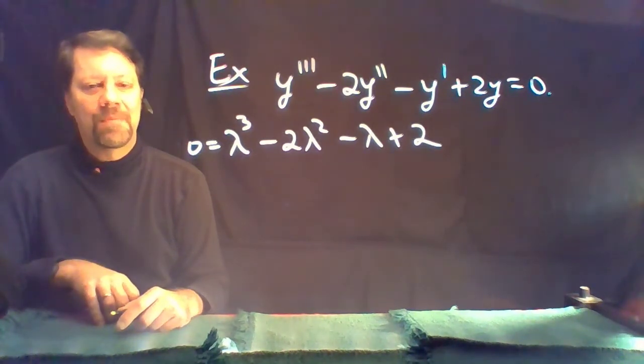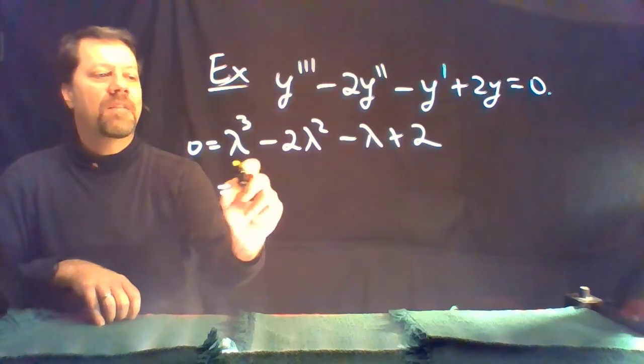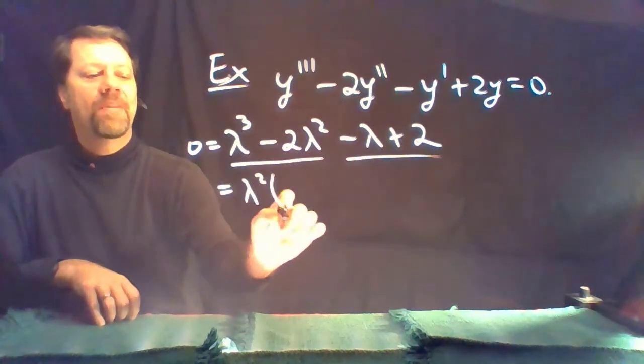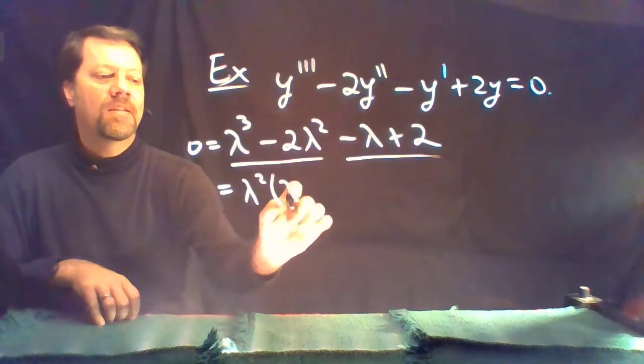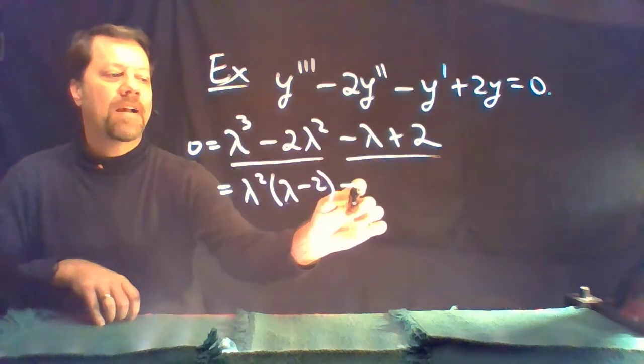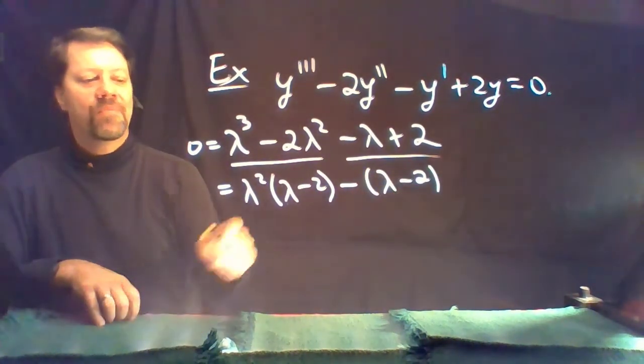This particular problem is pretty easy because we can factor by grouping. If we combine these two and these two, on the first pair we can factor out a lambda squared and get lambda minus 2. On the second grouping we can factor a minus 1 and get lambda minus 2.